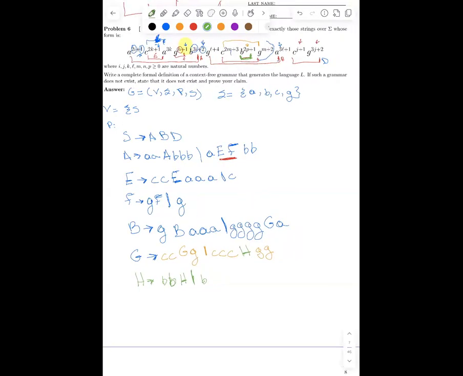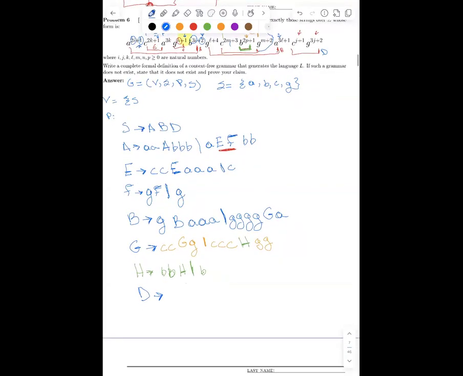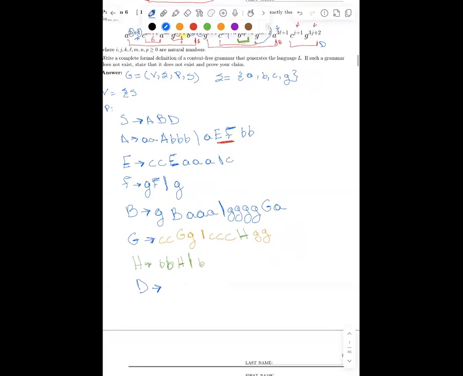And then we are moving on with our D. And I see that I can have only one C, D, C, small letter C, D, and then I have three Gs.